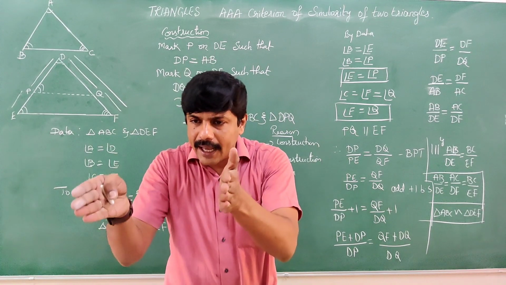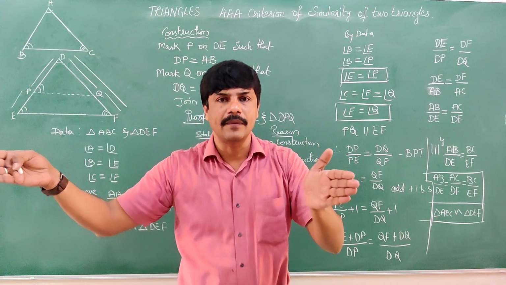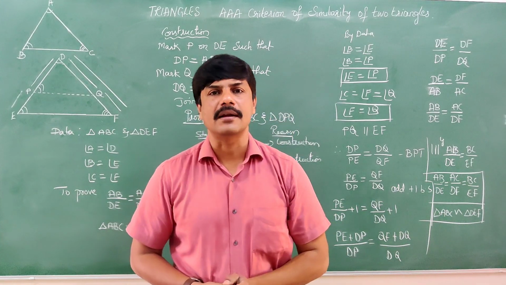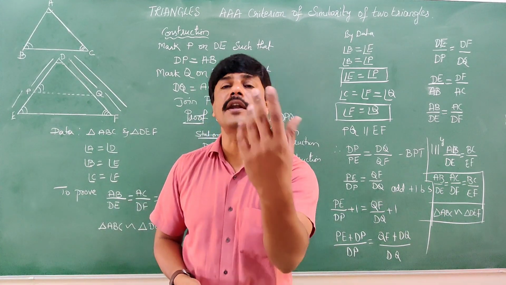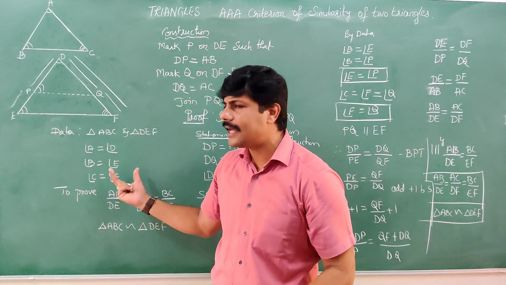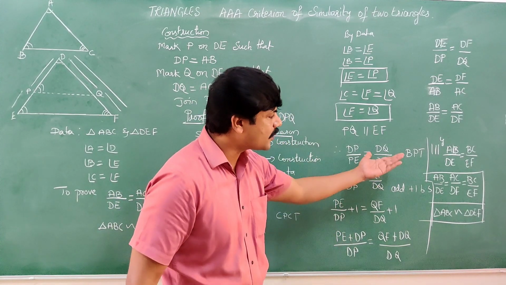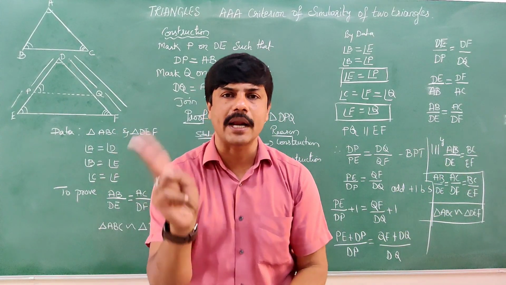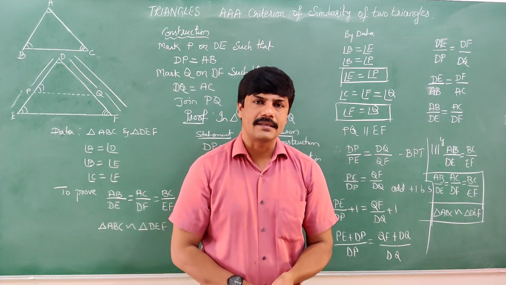Similar triangles. So these three are correlated. If in a question it is given that two triangles are similar, then you can easily derive that their corresponding angles are equal and the corresponding sides are in the same ratio. These two automatically come when you say the two triangles are similar.